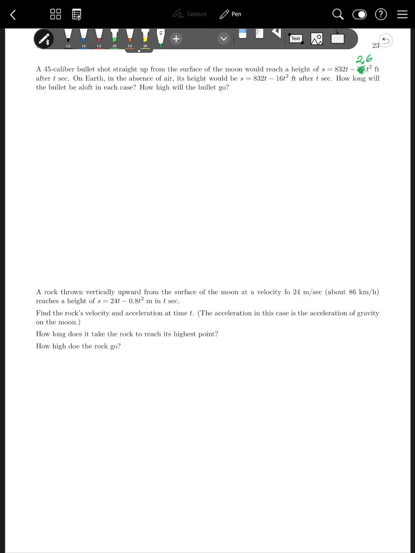Okay, so for question 1, one thing we need to know is what happens. Aloft means in the air. So we want to know how long the bullet is in the air. So we want to know what happens to the equation when the bullet is at ground level.